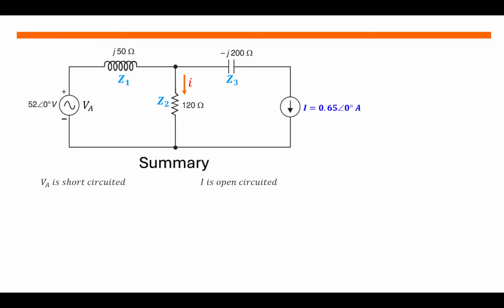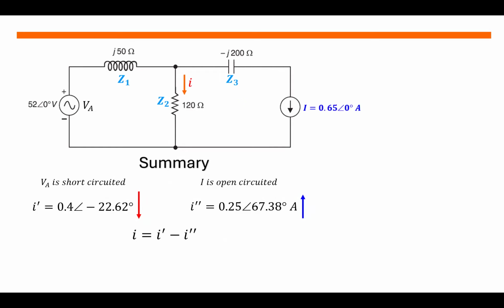So to summarize, if the source voltage is short-circuited and if the current source is open-circuited, then these are the values of our currents. Then since they are in an opposite direction, magsusubtract tayo, no? Dahil yun ang rules natin.